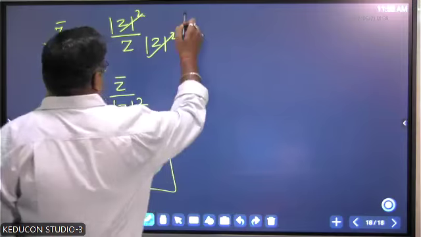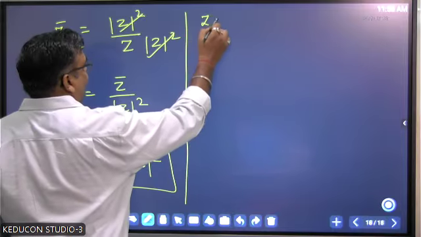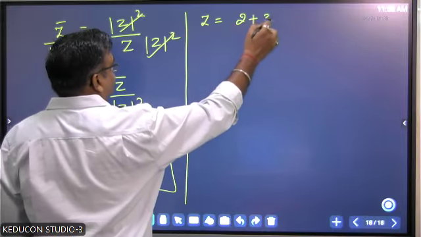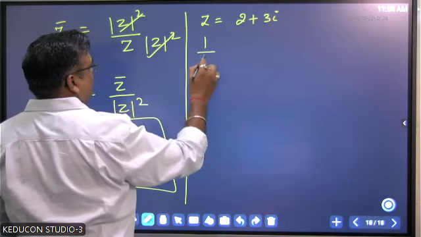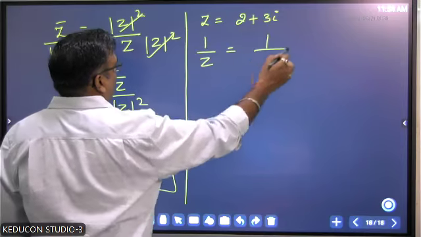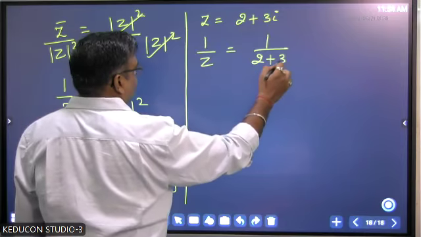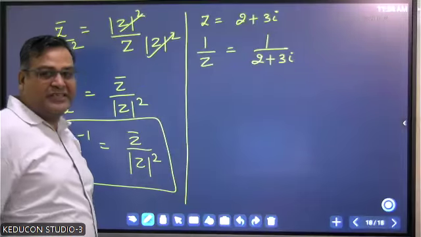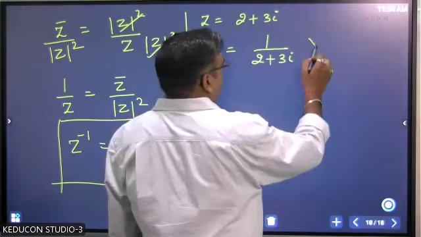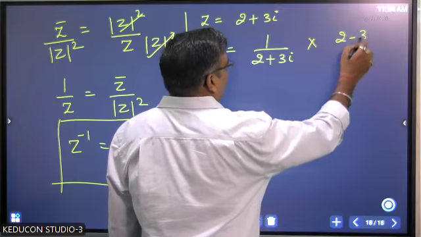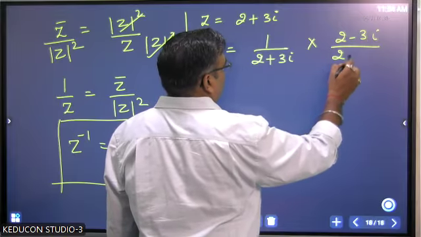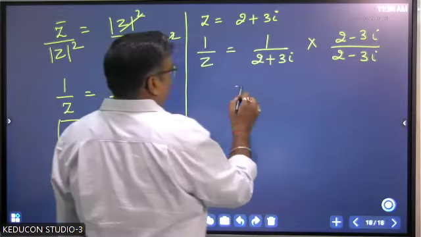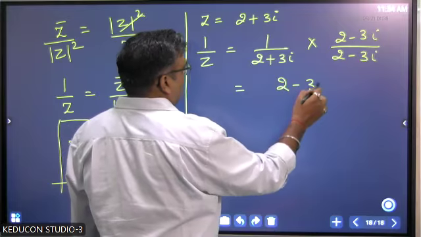Let's prove this. I have z as 2 plus 3 iota. So what will be the multiplicative inverse? 1 over 2 plus 3 iota. Now if you put it in the standard form, what does it become? Multiply by 2 minus 3 iota over 2 minus 3 iota. In the numerator you have 2 minus 3 iota.